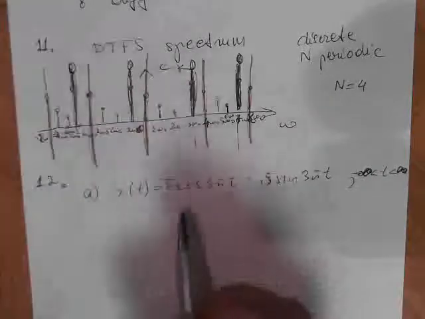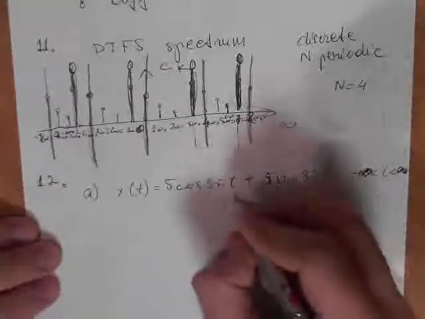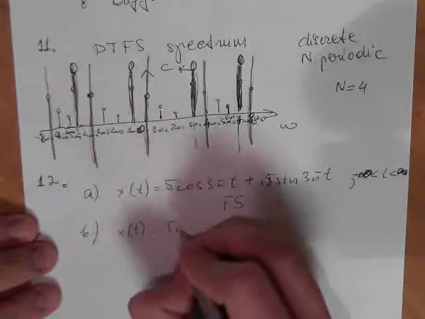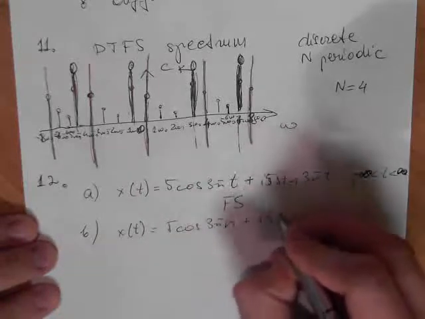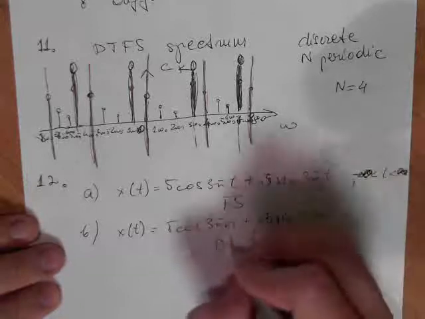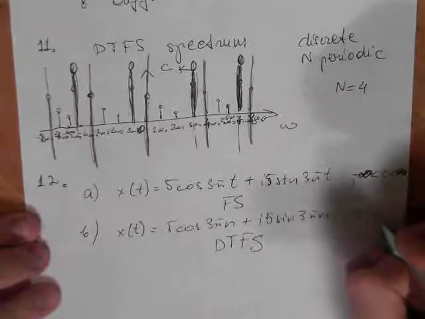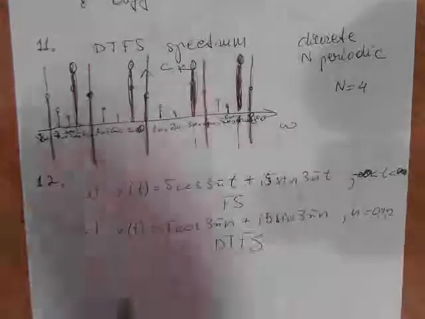So it is a periodic signal as it has cosines and sines, and it has t, so it means it is FS. Instead of t, if there is n, then it is DTFS because n is equal to integers, plus or minus. So understand what's going on here.